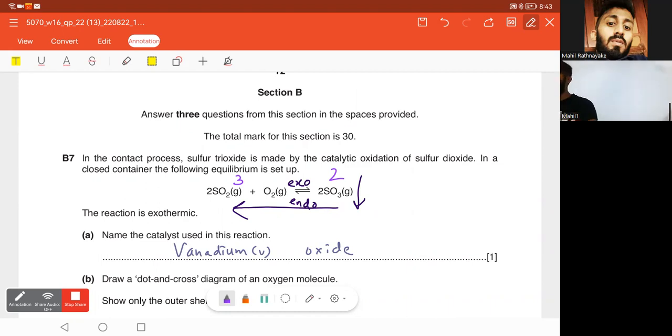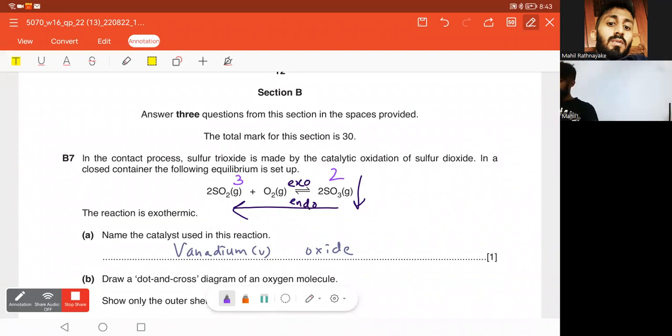The position of equilibrium shifts to the right-hand side.